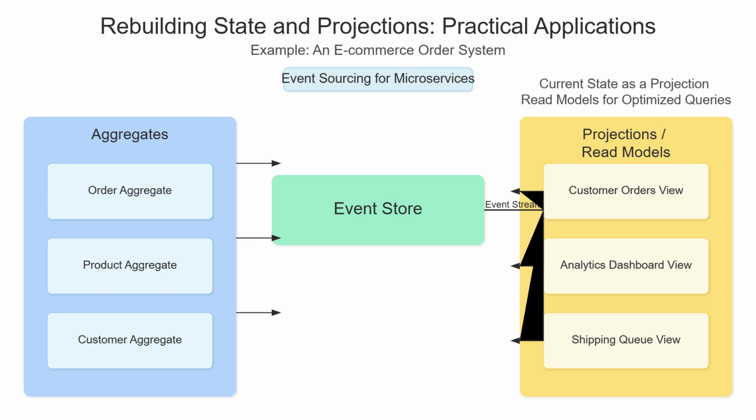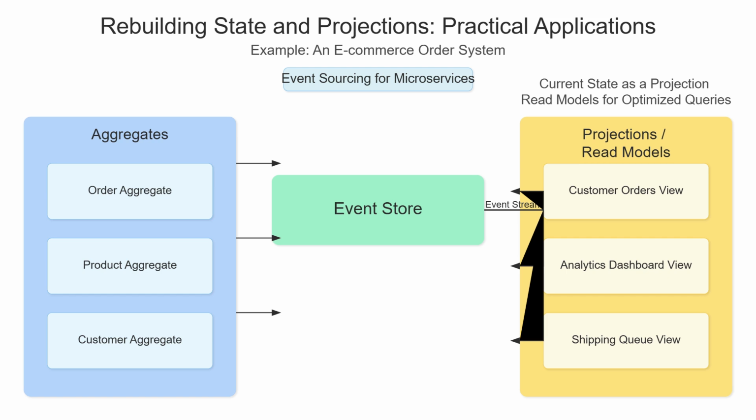For instance, if you have an order placed event, you might have a current orders projection that's a simple SQL table or a NoSQL document constantly updated by event handlers. This allows you to serve user interfaces and reports without replaying the entire history every time. The beauty here is that if a projection gets corrupted or a new reporting requirement emerges, you can simply rebuild it from the immutable event store.